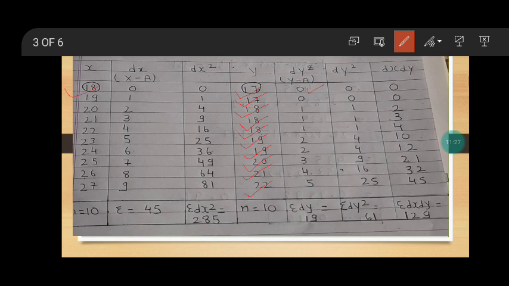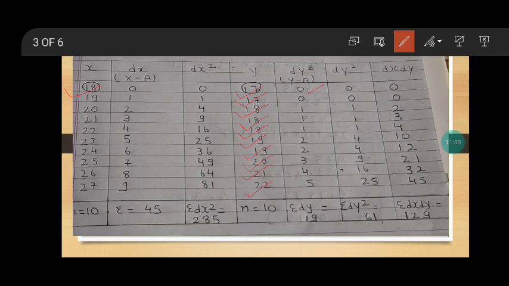So this way we have calculated the different values needed under the dy column. Now the next column comes dy square. How are we going to calculate the value of this dy square? Here we take the square of the numbers in the dy column.